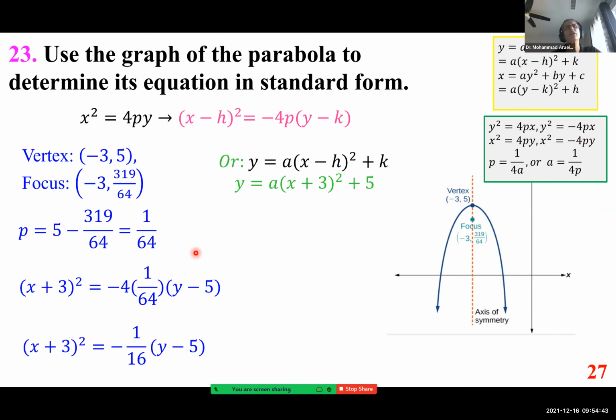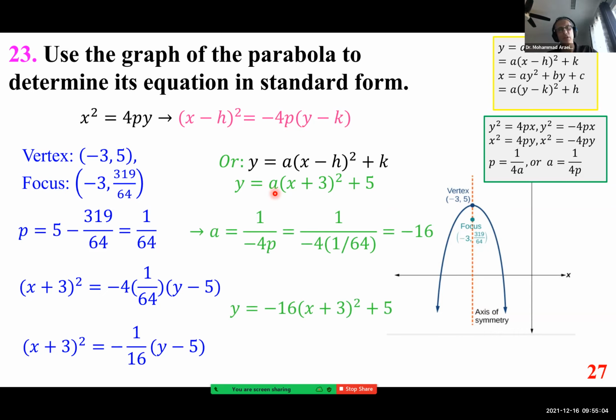And what is P? We already have it. Of course, P in an absolute value sense is that because it opens down, you can say 1 divided by that. And then because you know it opens down, make it negative, or just simply 1/-4P. Either way is fine. And if you replace the A, you get this answer.